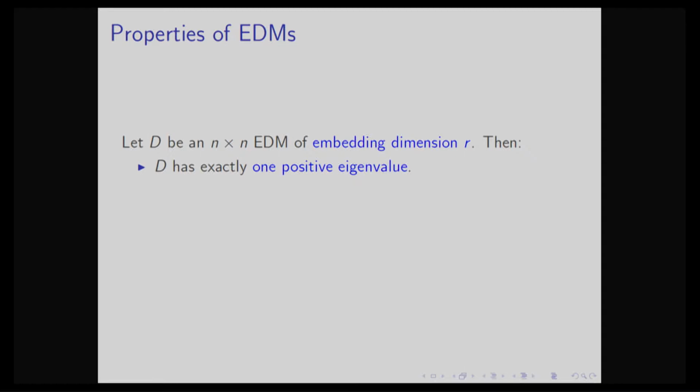Because the diagonal is 0, it must have at least one positive eigenvalue. So it must have exactly one positive eigenvalue. Also, the null space of D is always a subset of the Gale space. And that's a key step in proving the results that are going to follow. Okay, it simplifies the proofs a lot.